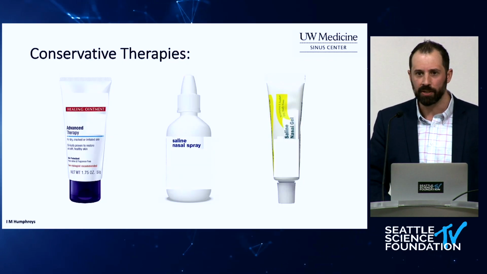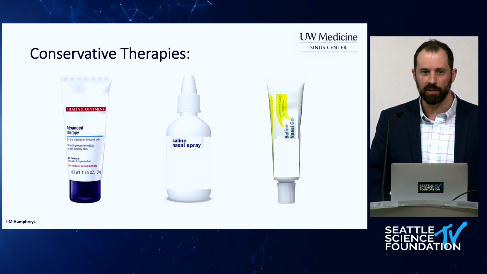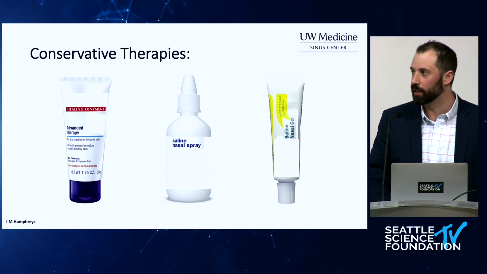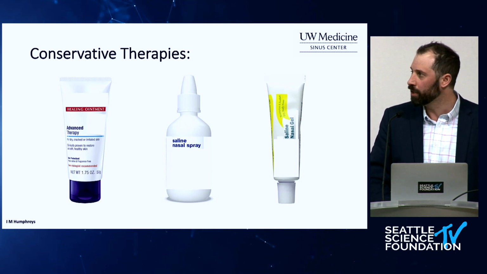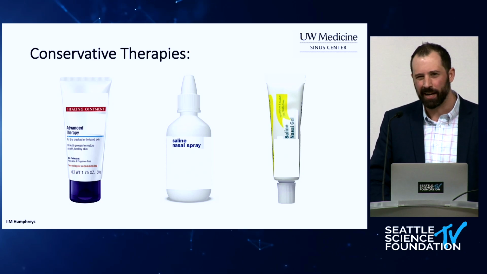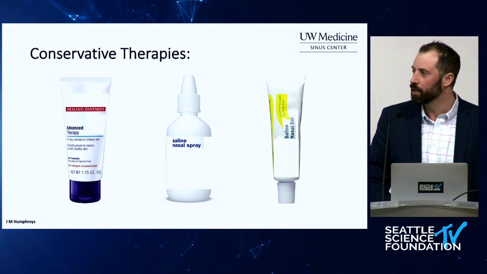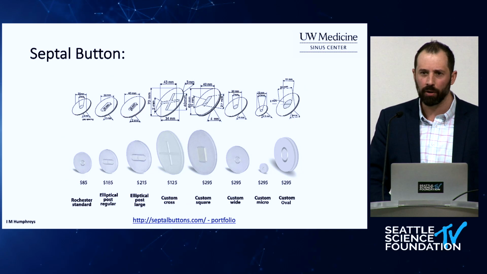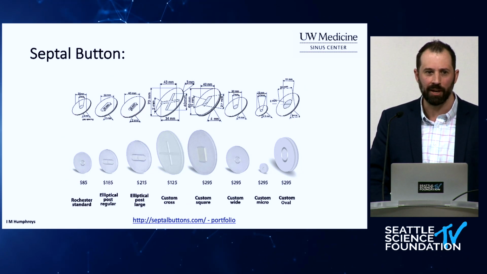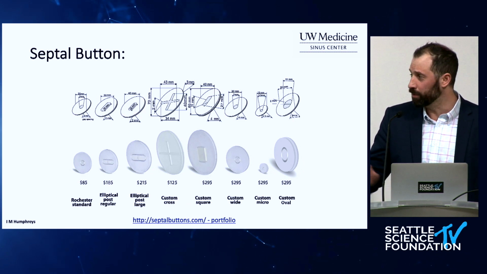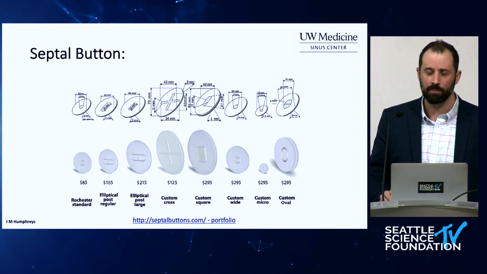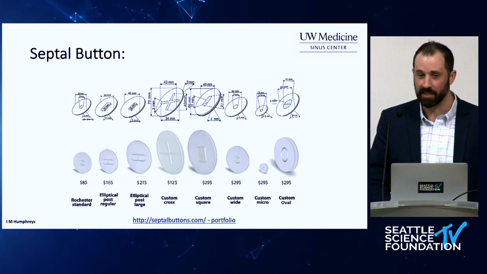A brief touch point on conservative therapies that we're all familiar with, whether it's emollients or moisturizers. These can be helpful for the dryness and irritation, some of the crusting, but often leave patients wanting for more. There are other options that are non-surgical that are available. It was surprising to me that there is a website, septalbuttons.com, but it does exist.